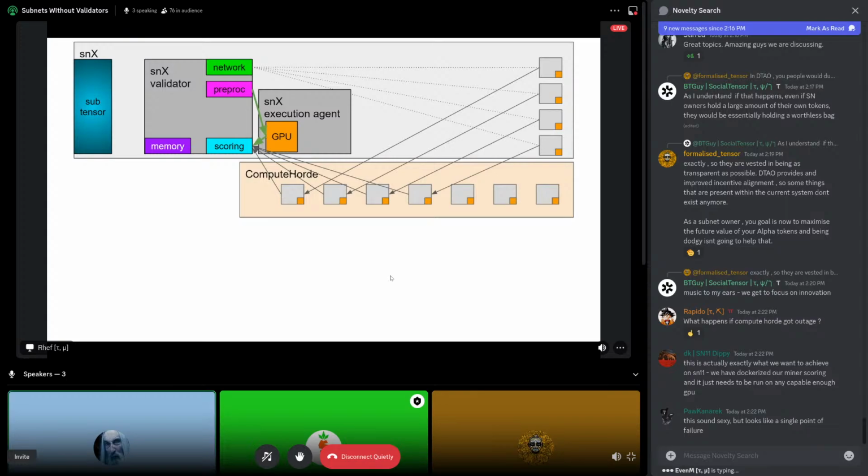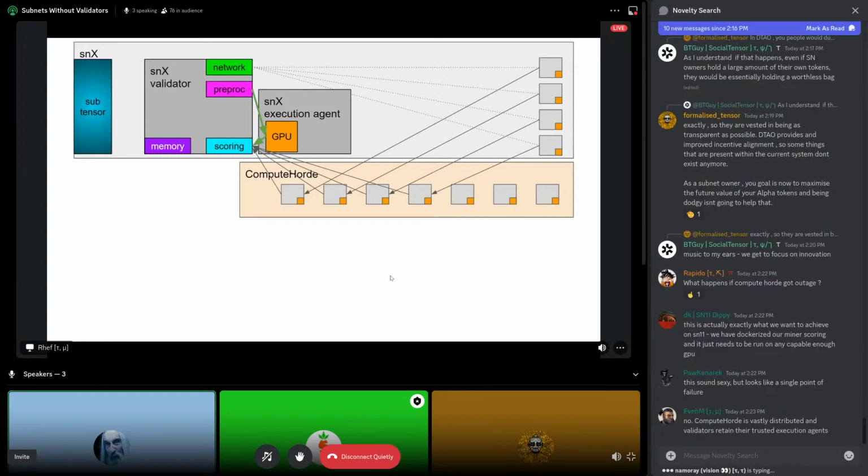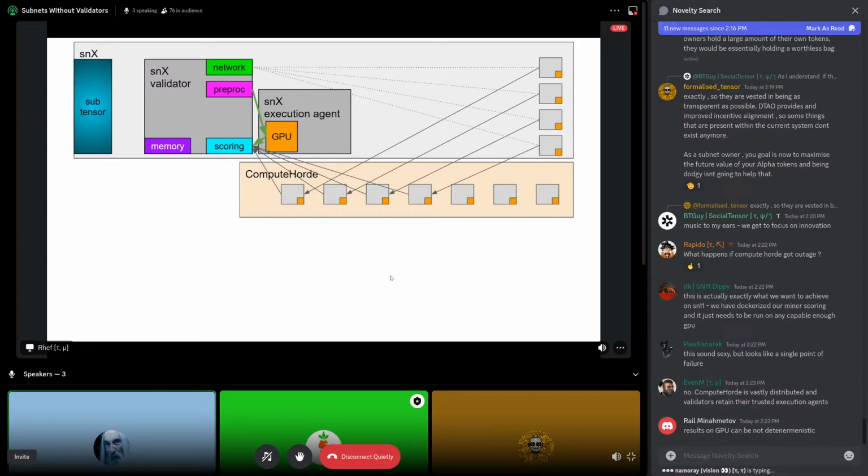Because the compute hoard miner may think, okay, I'm going to register on compute hoard subnet, and I'm going to do a good job, except when a validator asks me to evaluate an asset that my miner on a different subnet produced, I'm going to say that it's awesome. It's one of the best I have ever seen.